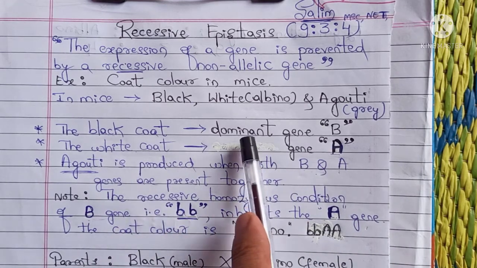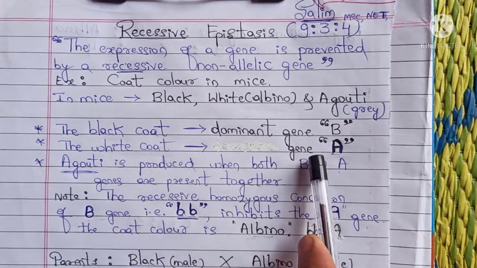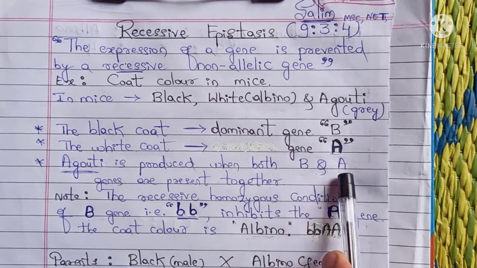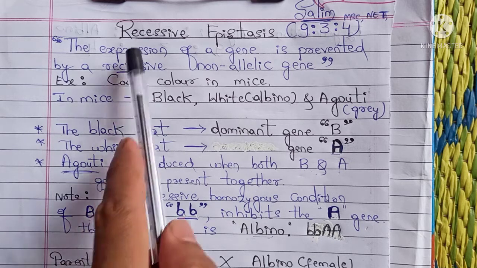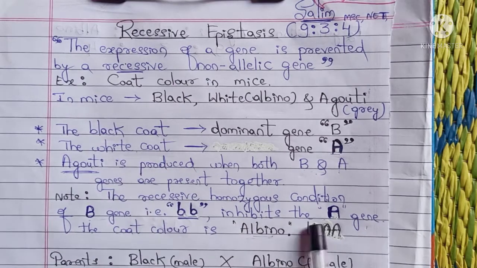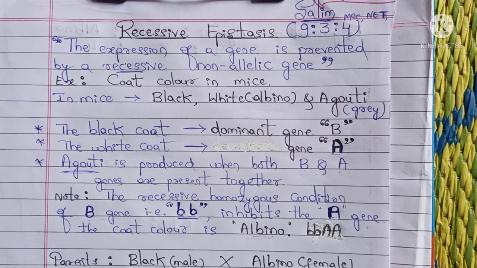When only dominant gene B is present, a black coat appears; when dominant gene A is present, white appears; only when both are present does the agouti coat appear. That is the important thing you have to remember. Here we are studying recessive epistasis, therefore this point is very important. If you understood this, you can easily study the inheritance pattern.